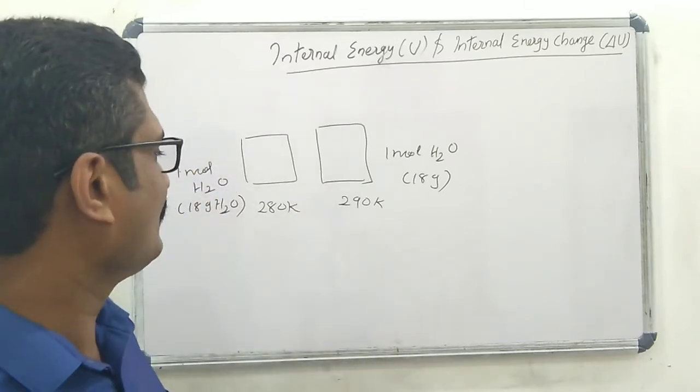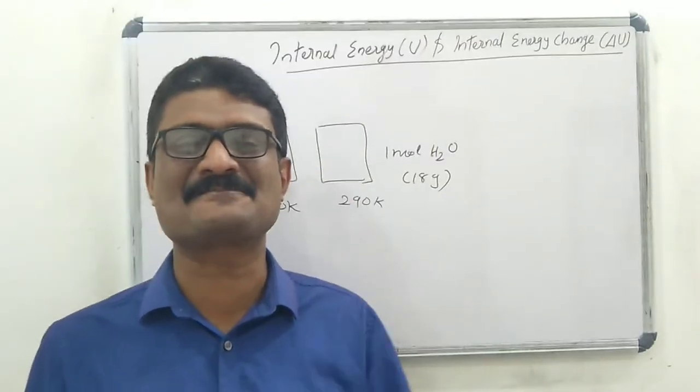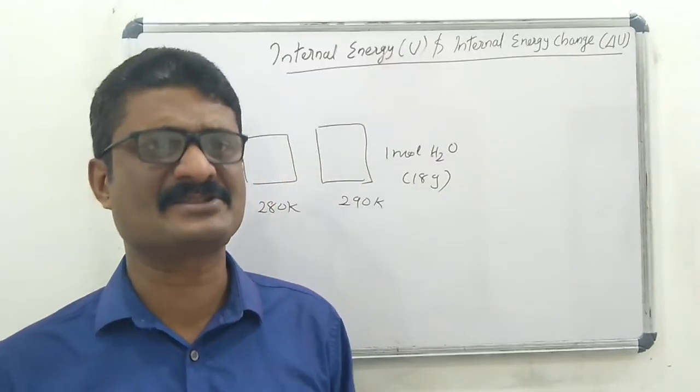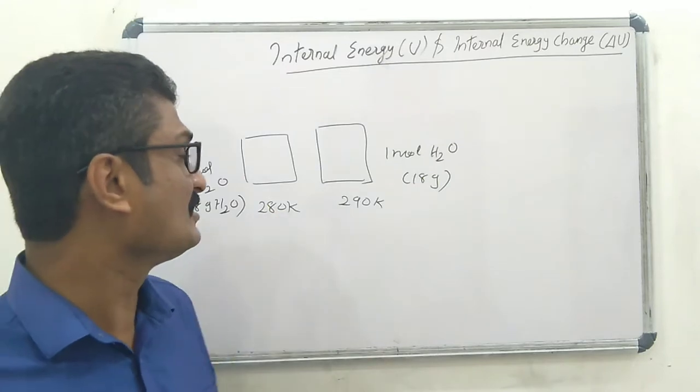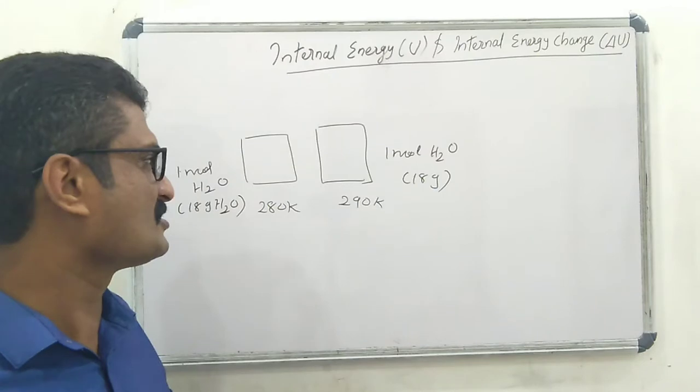Scientists experimentally found that the internal energy of a substance depends on temperature. If temperature changes, the internal energy possessed by a substance also changes.